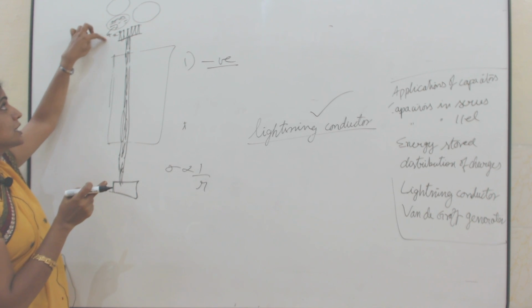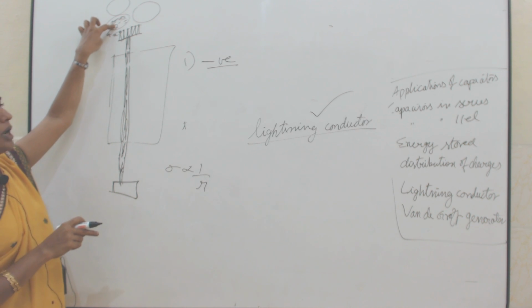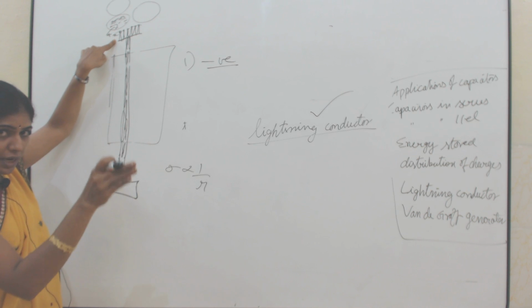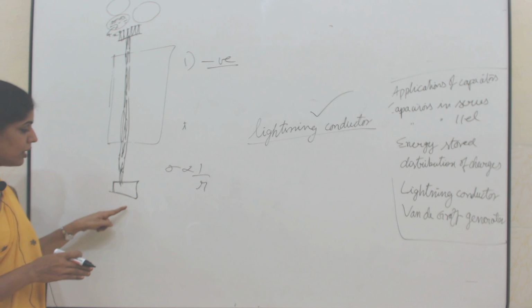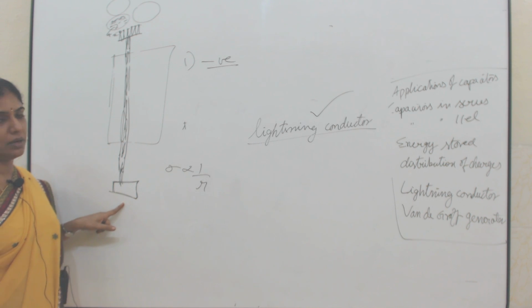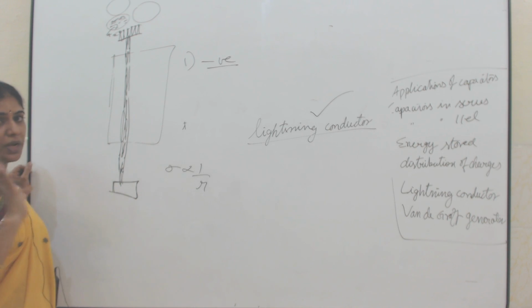These positive charges will lower the potential of the electron cloud, and the negative charges attracted towards this lightning conductor will pass through the copper rod and reach the earth. By this you can safeguard your building from the damage of lightning.